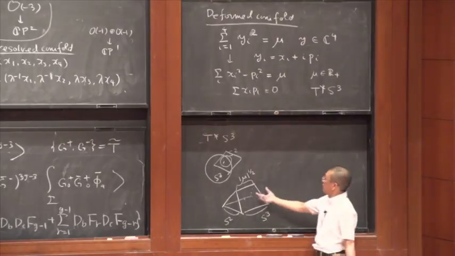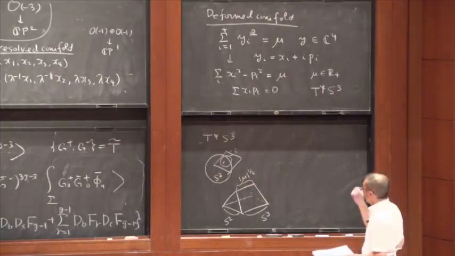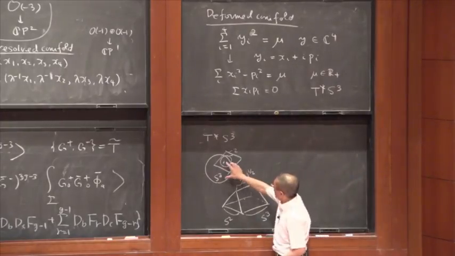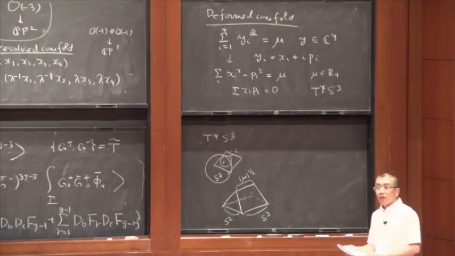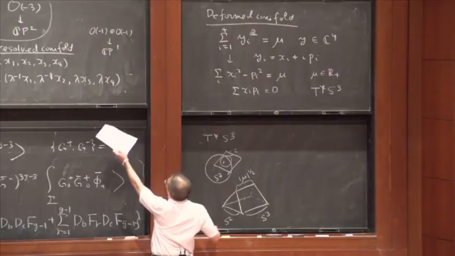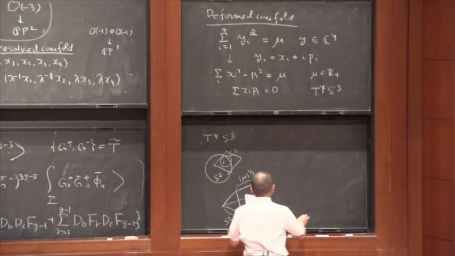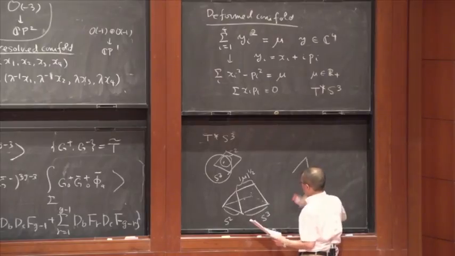So if mu is non-zero, then you have a nice smooth cotangent space of S3. As mu goes to 0, S3 shrinks to a point, so you get a singular space. So that would be a conifold singularity. The resolved conifold, on the other hand, has a base CP1, which is of finite size. So in that case, the geometry would look like this.